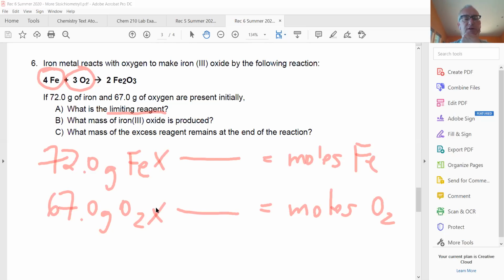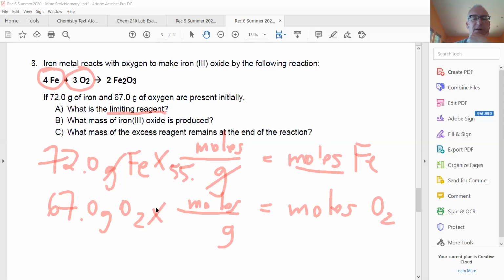So let's get the moles first. I'm going to put moles on top because that's what I want, and I put grams on the bottom because that's what I want to cancel. So what do I put in for grams for each of these? 55.845 grams for iron.